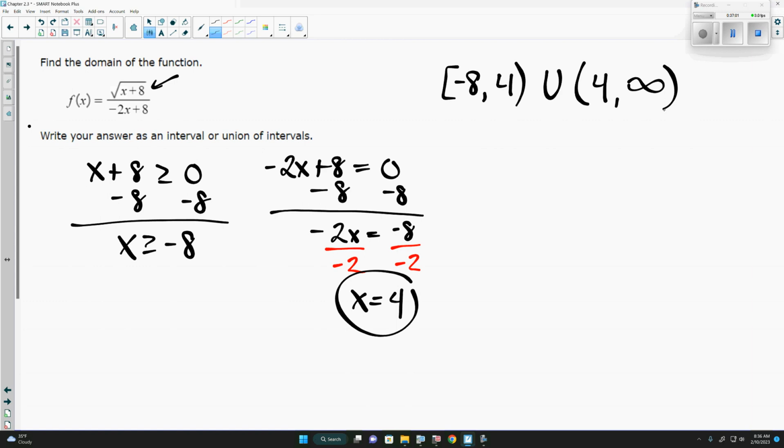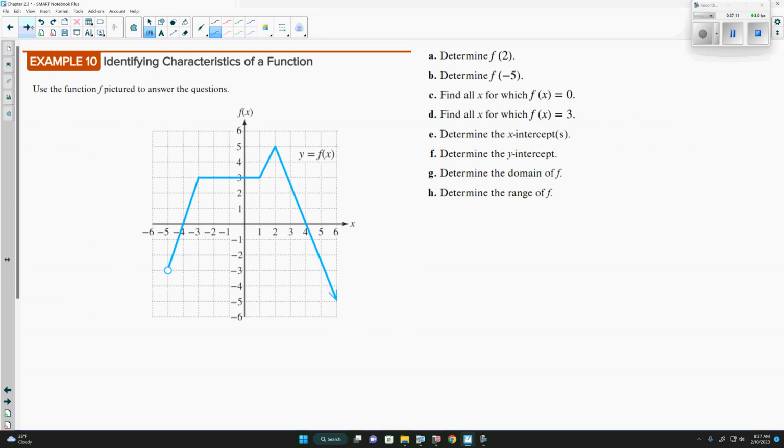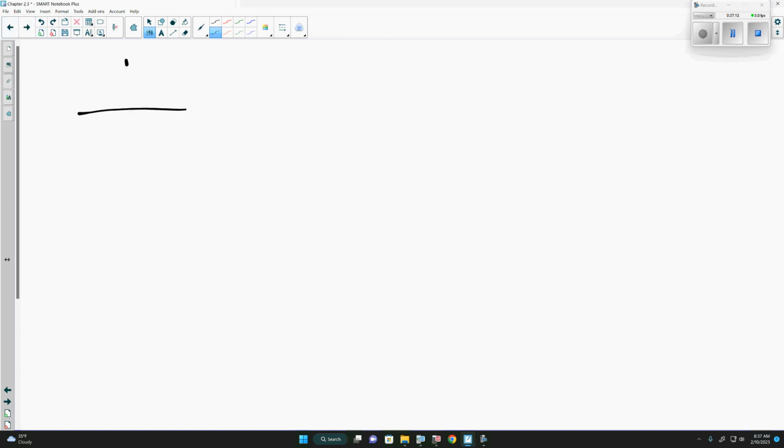Questions on this here? And yes, the domains can get kind of funky the more that we do this. Because if we talked about this function here, well, what's going to make the denominator 0 is when x is 2 or -2.